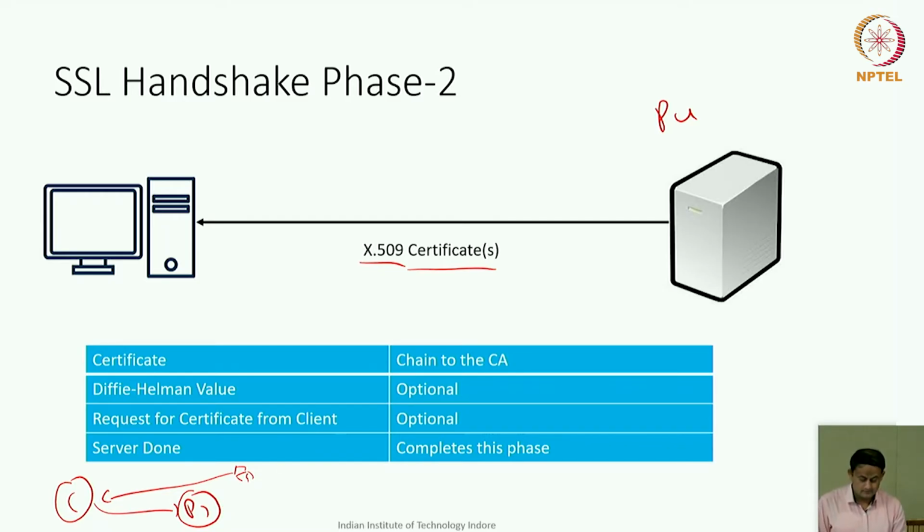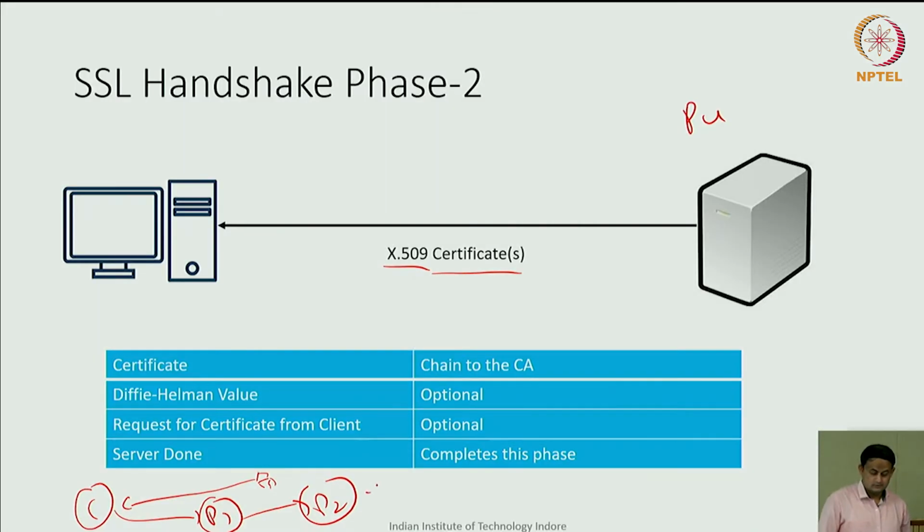From P1, you can verify whether P1 is a genuine certifier of the server's certificate or not. I don't know, so maybe I can go to P2. And then finally, after some such steps, you hit the server called the certifying authority. So either the certificate supplied is directly identifying a certifying agency, or it is identifying a bunch of intermediate servers through which you can reach the certifying agency, which can finally validate that certificate.